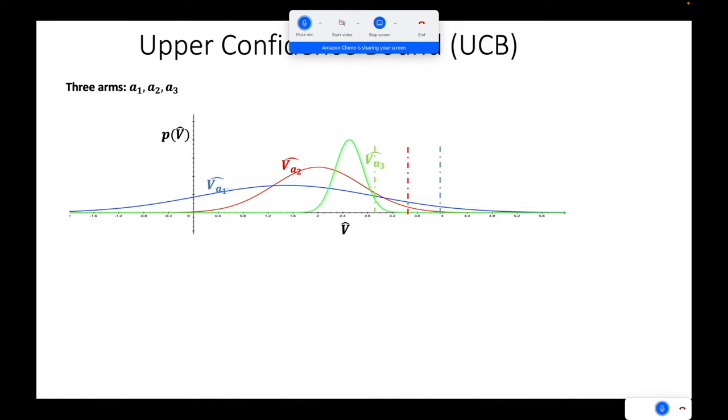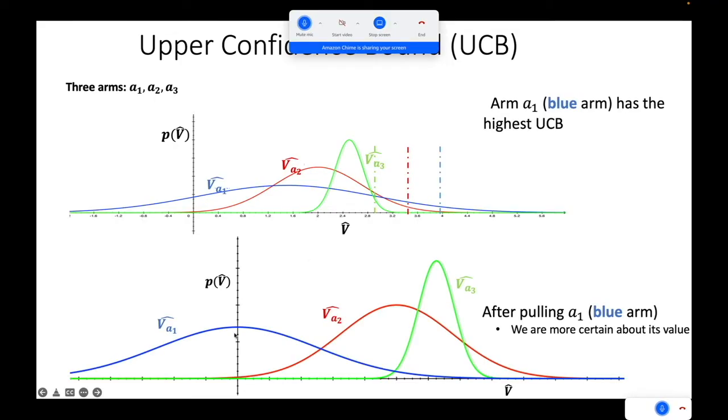Now, what it turns out in this particular simulation is that after pulling this arm, we observe very little reward, which shifts the distribution a bit. If you try to make out a difference between the figures at the top and the bottom, the blue one, the arm A1, not only has its distribution shifted towards the left, but its variance has also reduced quite a bit.